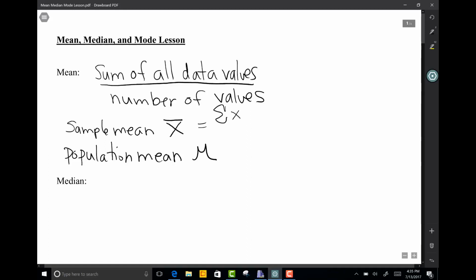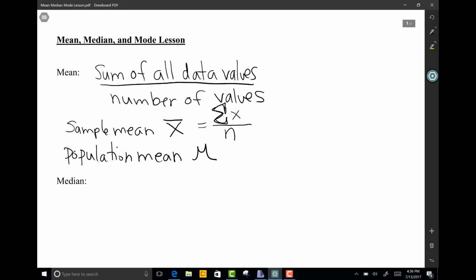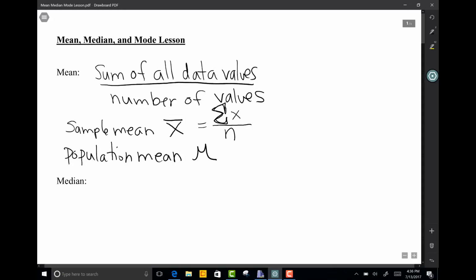X represents your data values, and this Greek symbol is sigma, and that means add up all the X's, add up all your data values, and then you divide by n, which is the number of data values in your sample. For mu, if you're calculating the mean of the entire population, you add up all your data values and then you divide by a capital N.